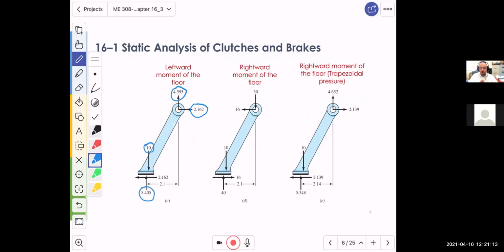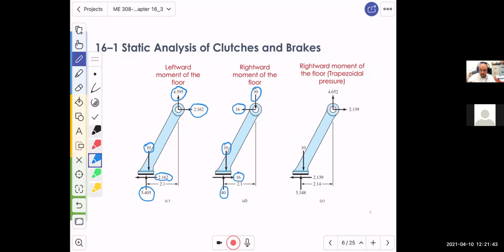The normal force will act upward, and the friction force will act on the left. If you have a rightward movement, you will end up with the Y reaction going downward, the X reaction going to the left, the actuating force still down, and you will have the normal force acting upward and the friction force acting to the right.